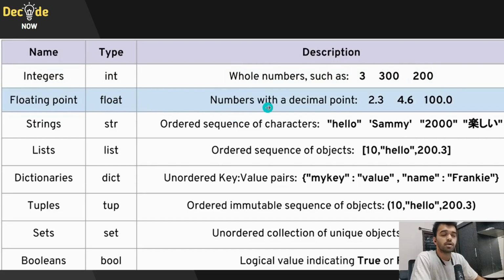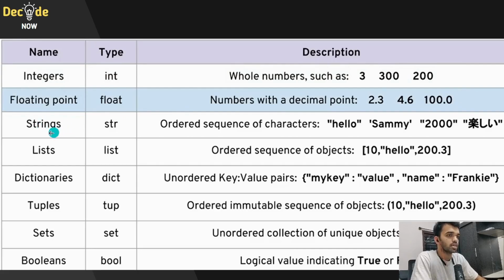These are numbers, but with a decimal point. Earlier we saw whole numbers, those are integers, and if those numbers have decimal points, then it's called floating point values. A few examples include 2.3, 4.6, 100.0. Here you can observe that even though 100.0 is similar to 100, since there is a decimal point and a zero following it, it becomes a floating point value.